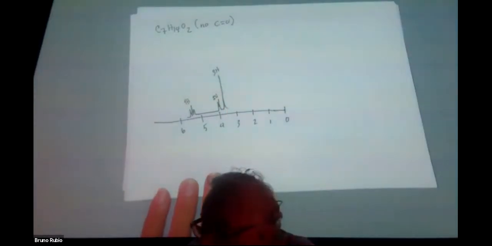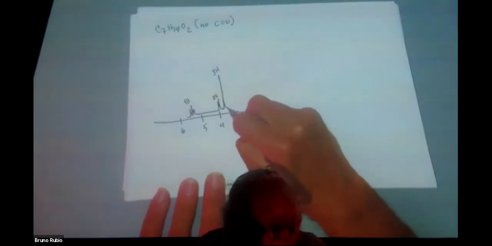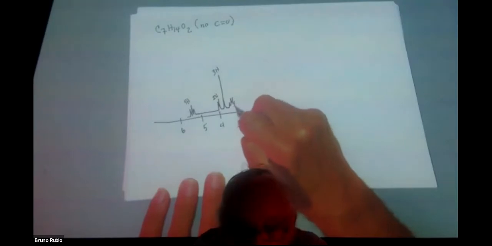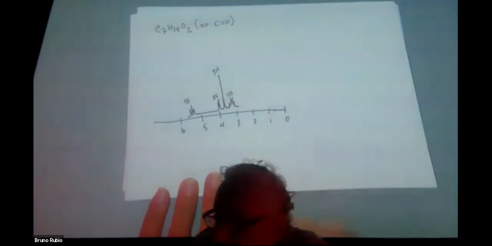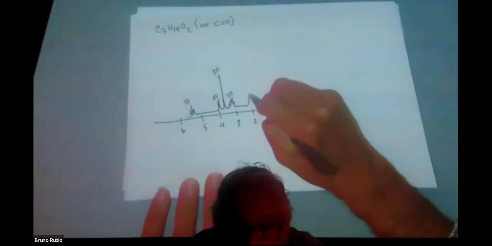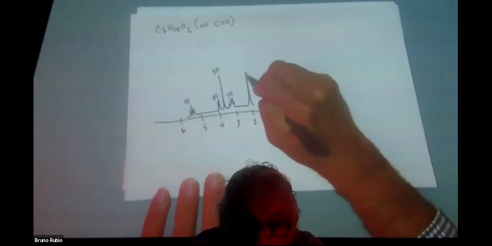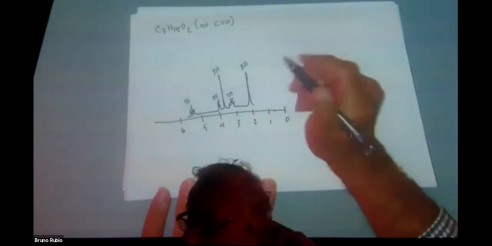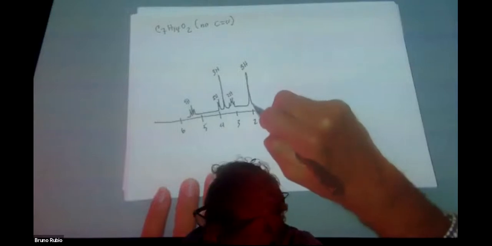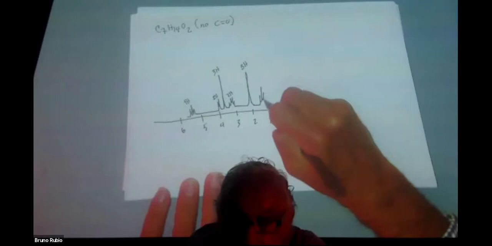And then a little bit closer to 3, I have a quartet, which is worth 2 hydrogens. And then near 2, I have a triplet, 3 hydrogen, and a 3 hydrogen singlet. And then my most upfield signal is a 3 hydrogen triplet.